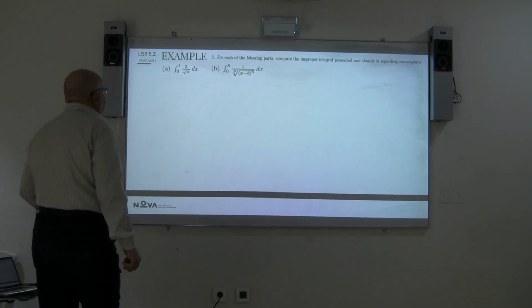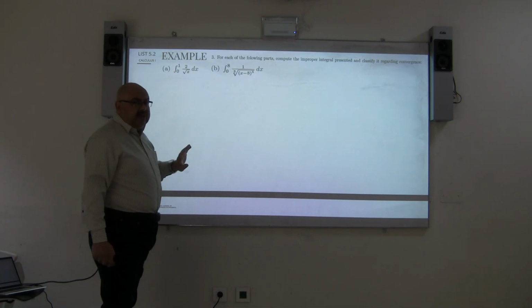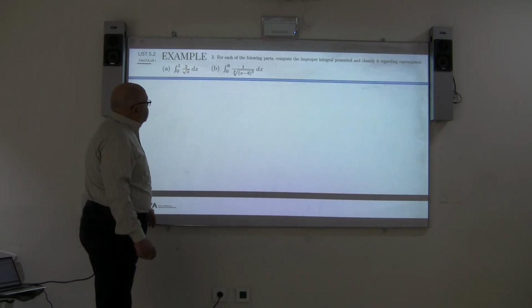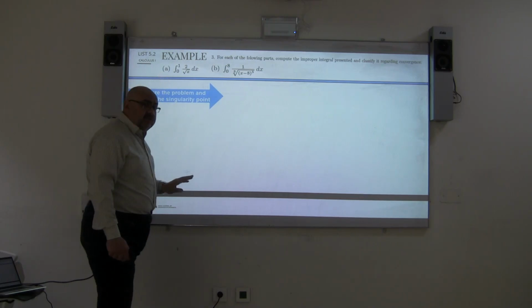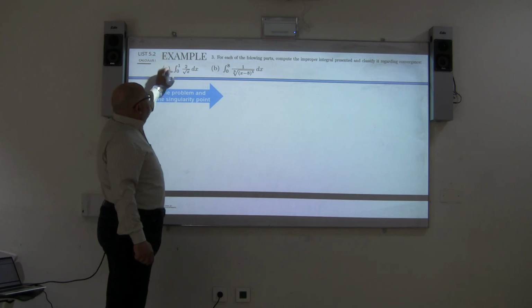So if you look at the first problem, which is a definite integral from 0 to 1, really a very simple problem, which is 2 over the root of x. If I try to solve this problem, the first thing to do is to check within the integration interval and the limits of integration.